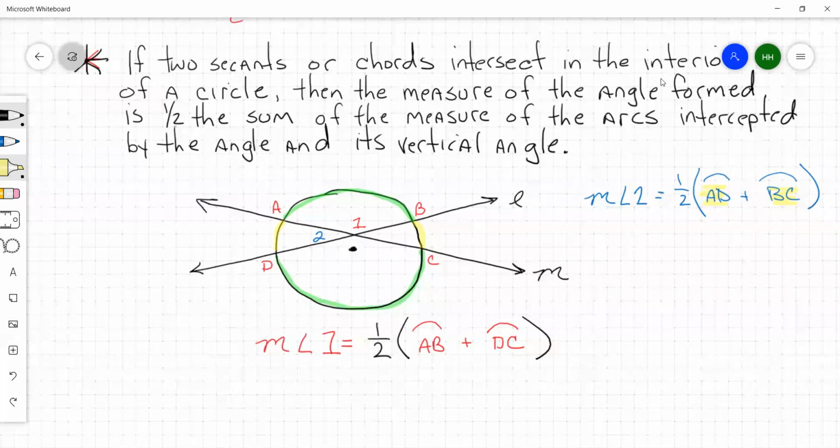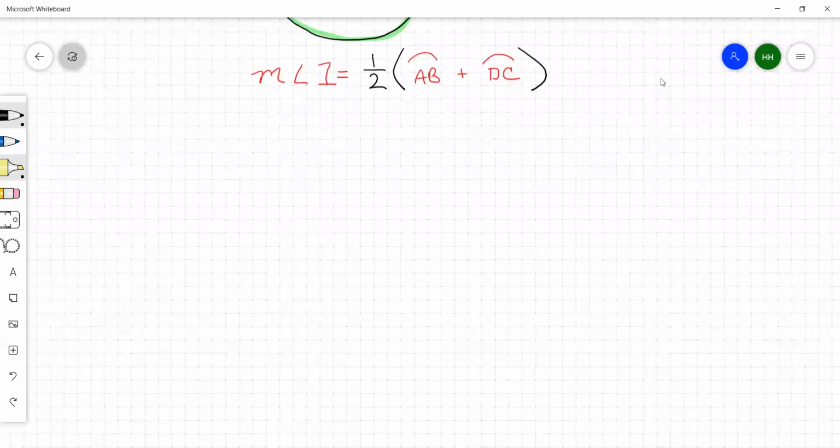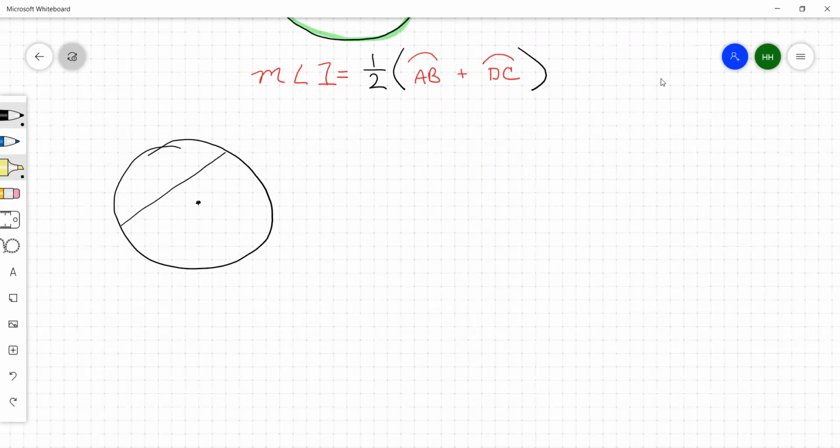So let's look at this problem. Looks like we're going to have two chords intersecting inside of a circle. 84-degree angle right here, and 130-degree angle.